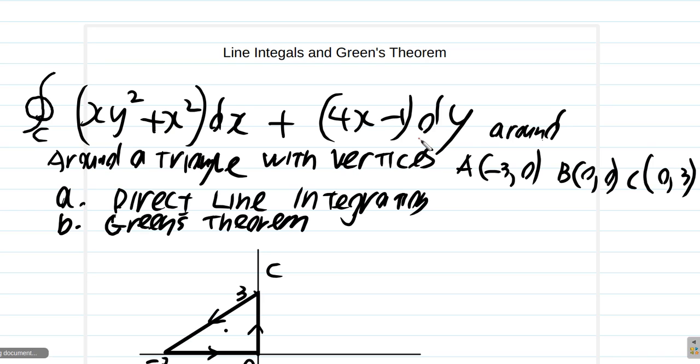But as I said in previous videos, in many cases, teachers want the students who are doing this to use a parameter, or the authors of books use parameters. All right, so we could use a parameter. T is a popular parameter.